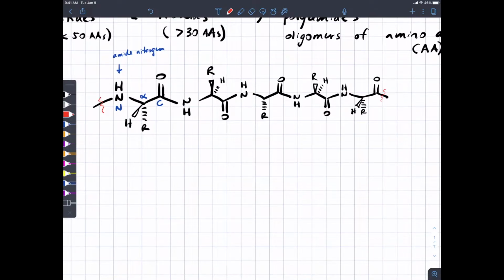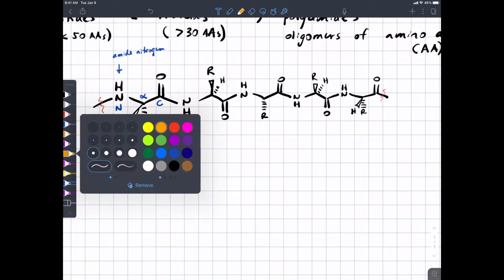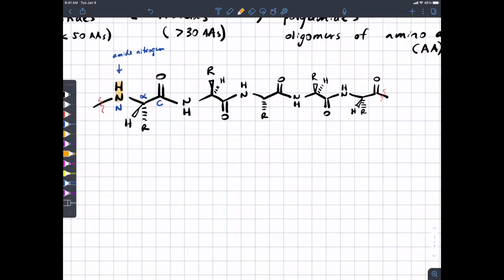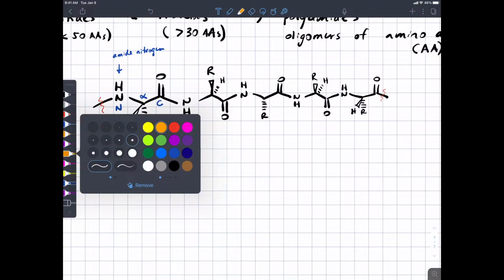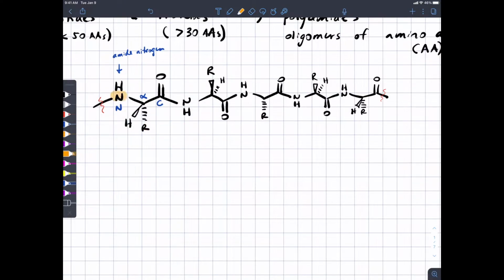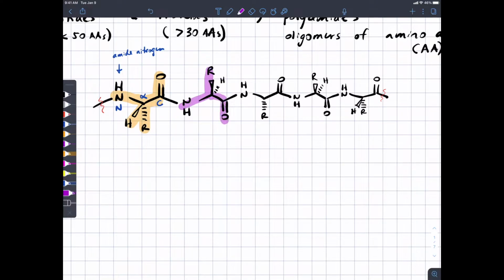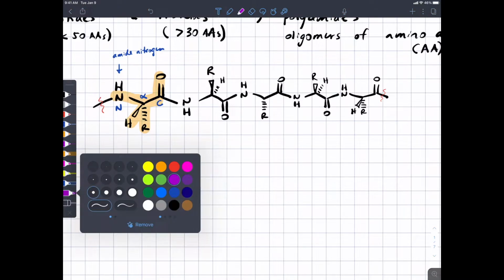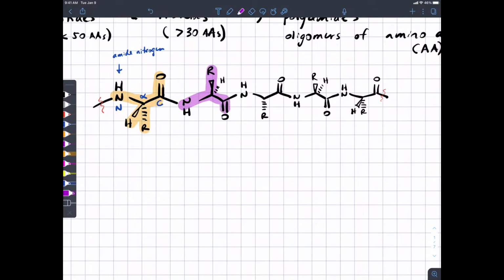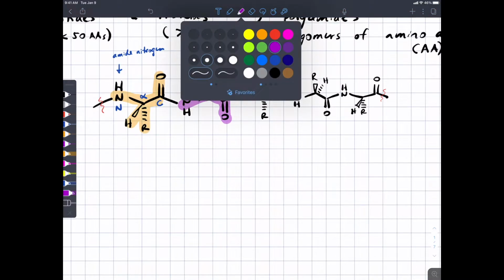I'm going to highlight the individual amino acid subunits in this peptide that we're drawing. People will call each amino acid within a protein an amino acid residue, which is kind of weird, and I'm not sure where that nomenclature really comes from, but it is what it is.